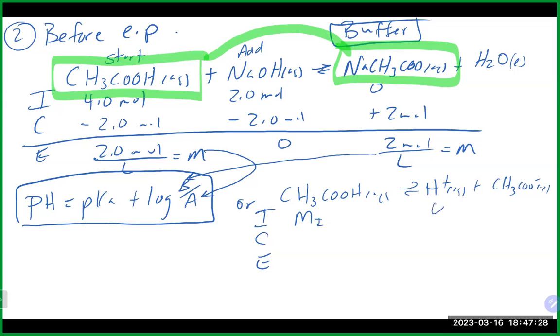This would be 0, and most importantly, you would also need a number on the right-hand side here. Otherwise, you are not doing the buffer problem. You're just doing the weak acid problem.